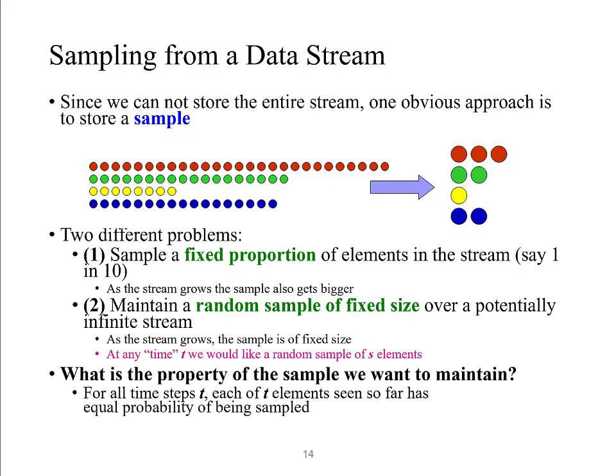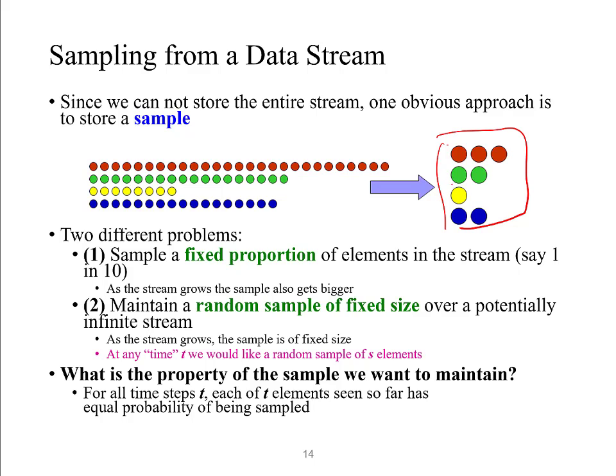For example, here, consider these are the data in the data stream. With this sample, we would have gained the information that approximately the number of red balls is 3 times the number of yellow balls, right?